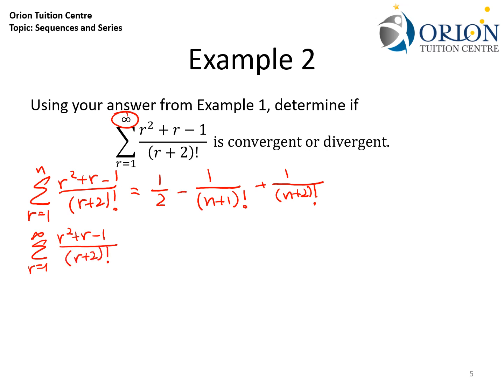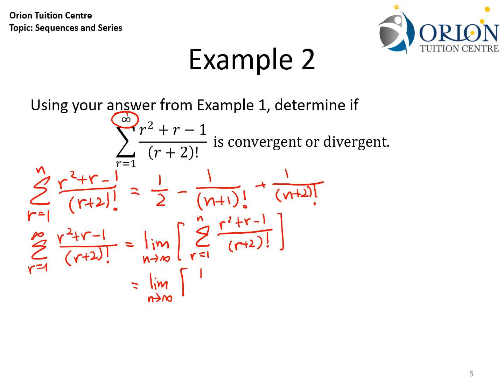So I have this series. It is the same as writing the limit of n tends to infinity of the sum to n terms, r equals 1 to n of (r squared plus r minus 1) over (r plus 2) factorial, which is also the same as taking the limit of n tends to infinity of half minus 1 over (n plus 1) factorial plus 1 over (n plus 2) factorial.